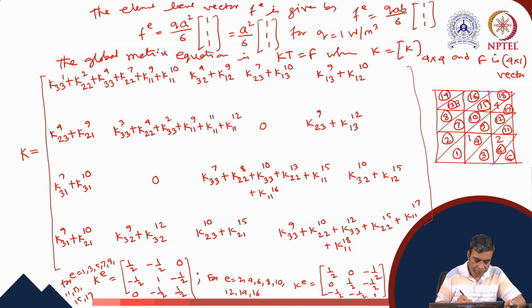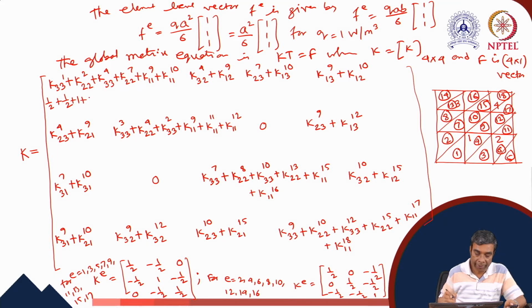K331, so 1 is for an odd number, K331 is half. Then we have K222, this is for an even number, K222 is also half. Then we have K334, K334 is 1.